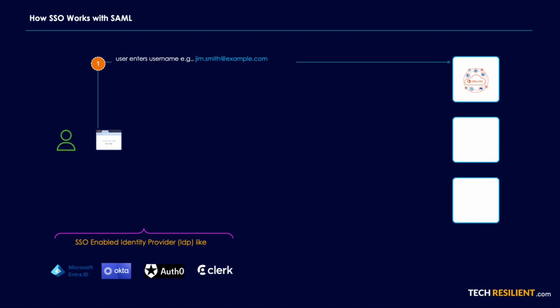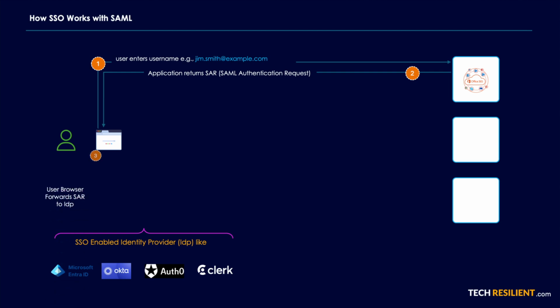So once Office 365 receives that request, it will reply back to the user's browser with what is known as a SAML authentication request, or SAR. It informs the browser, or the user, that we need to authenticate you before we can give you access.